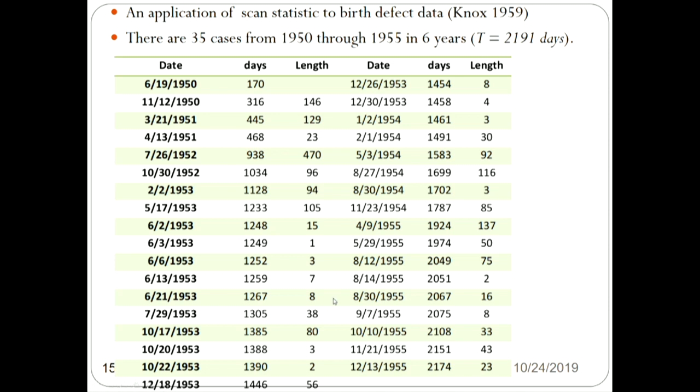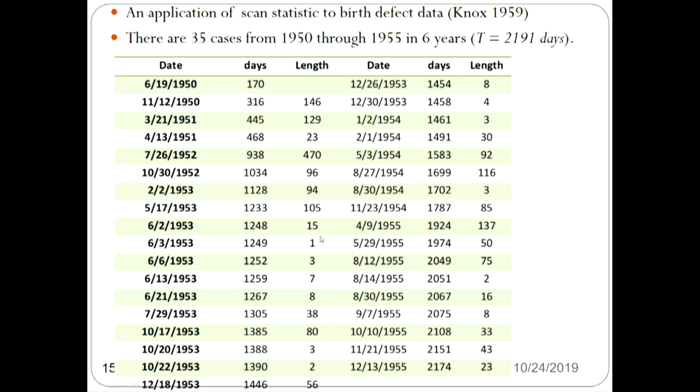Now, if you look at those numbers here, those are very small lengths, which means that during those days the events seem quite clustering distributed. So here, for example, was June 2nd, 1953, and then June 3rd.